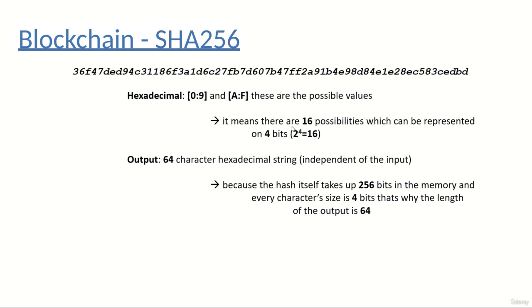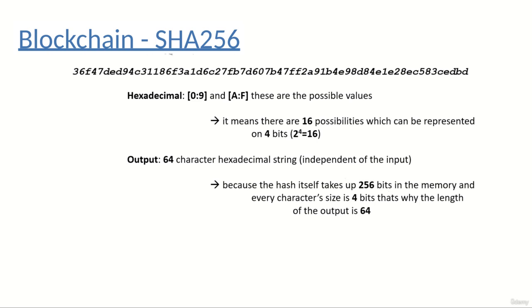It means that there are 16 possibilities, which can be represented on 4 bits, because 2 to the power of 4 is equal to 16. So every single character within the hash is represented on 4 bits. That's why the output is going to be a 64-character hexadecimal string. Basically, it is independent of the input. Why? Because the hash itself takes up 256 bits.